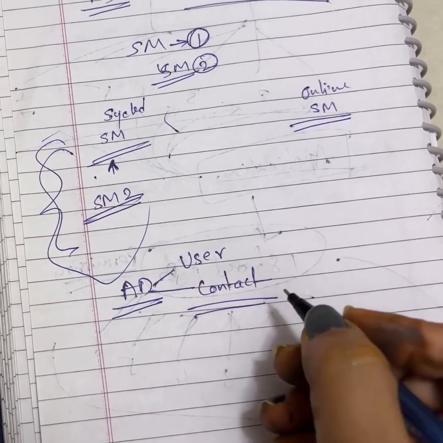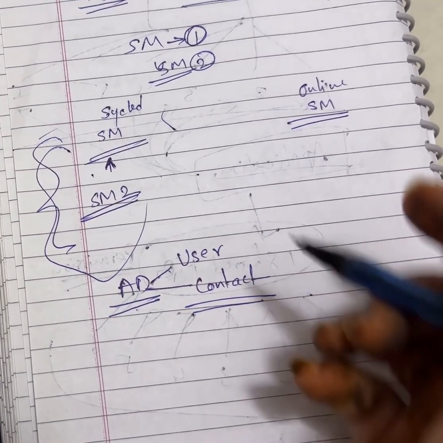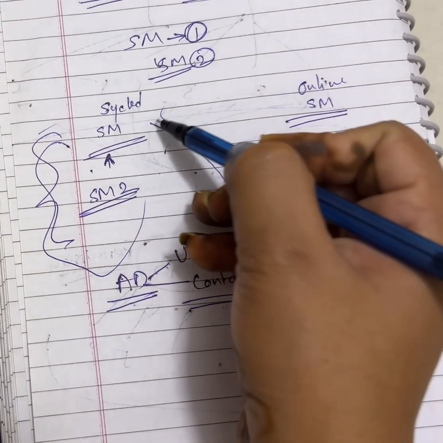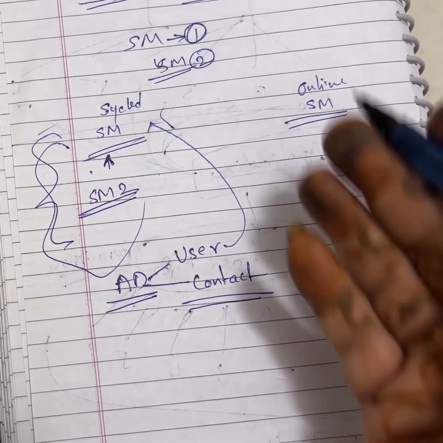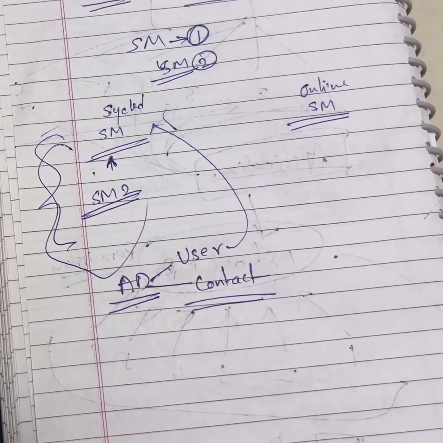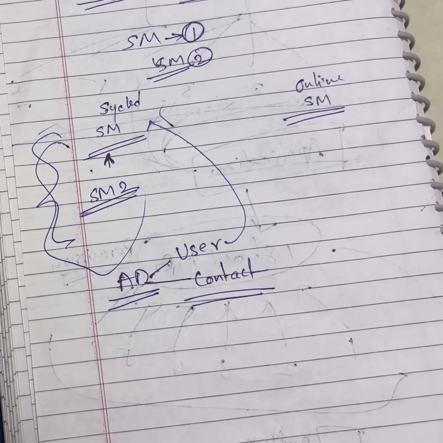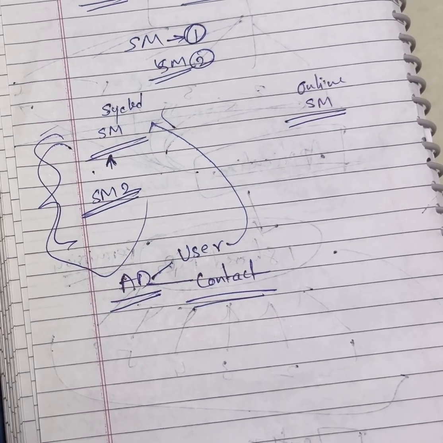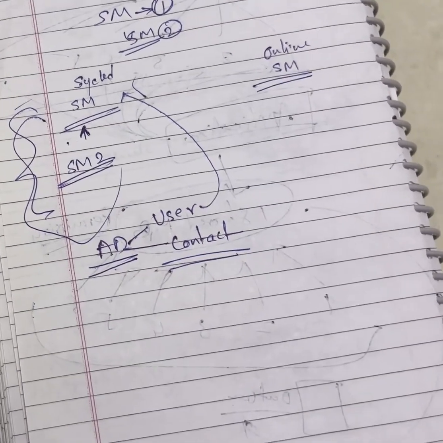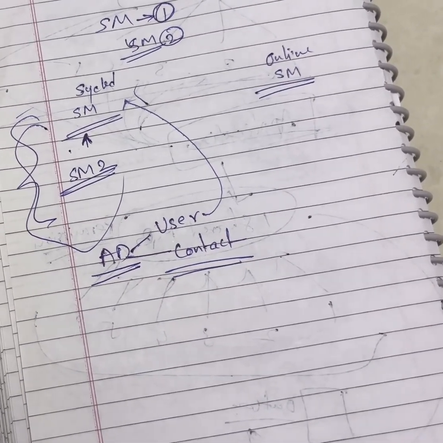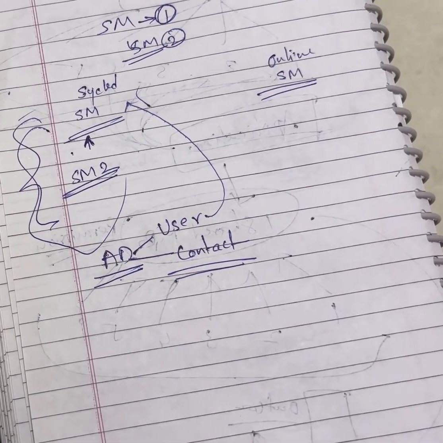Contact we cannot use, because these are features of a user. Contact means just a phone number, it doesn't have anything, or contacts are basically created for an external environment. I'll explain that later. So a shared mailbox comes under the user type.